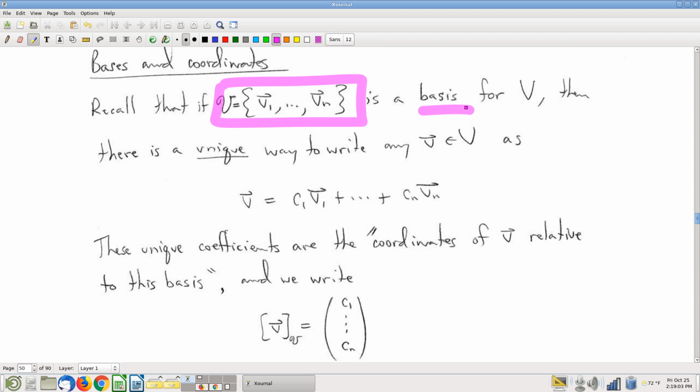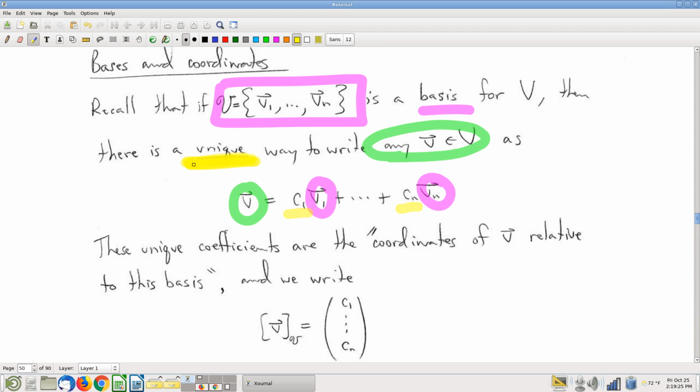But one of the neat theorems, one of the neat things that you can do with a basis is, a basis has this property that those vectors allow you to write any vector in the vector space as a linear combination of those basis vectors in exactly one way.